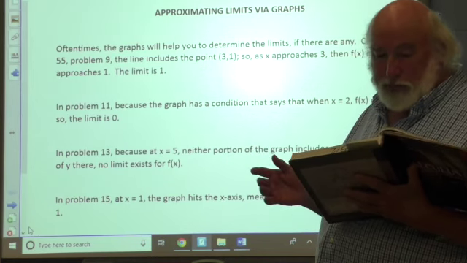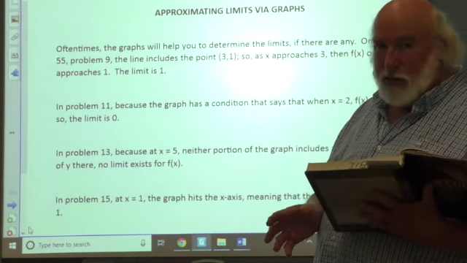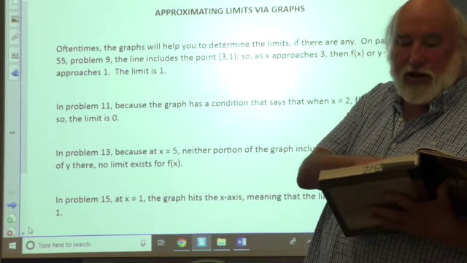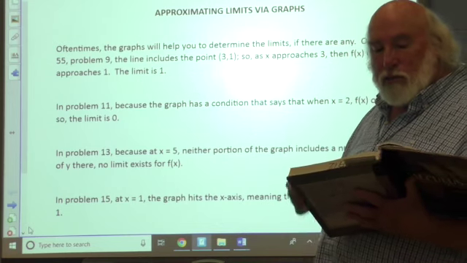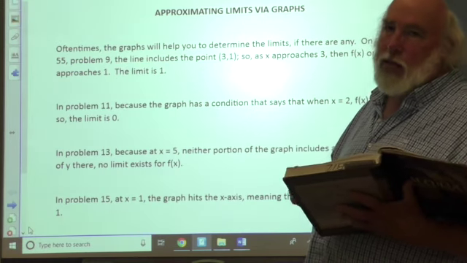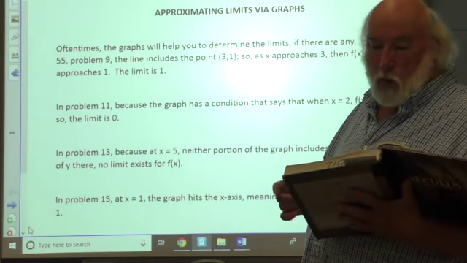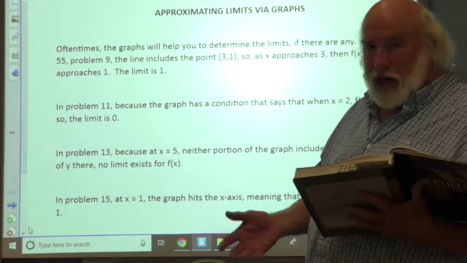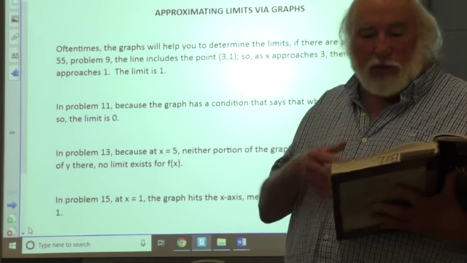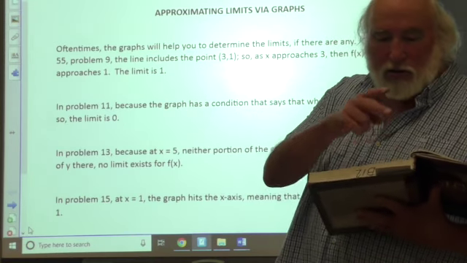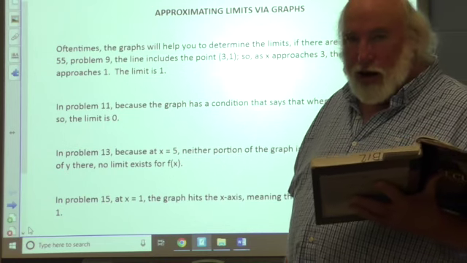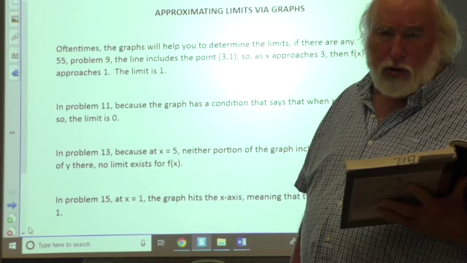There really isn't a limit there, but if there is one, they're saying it's going to be at 3. And so they put a dot there where x is equal to 3. The fact that there is a point corresponding to it tells you that this is going to have a limit of 1. But you don't even have to say what the limit is. You just have to say whether there is a limit. And the fact that there is a limit is described by the fact that there is a point on there that you can identify as part of the graph.